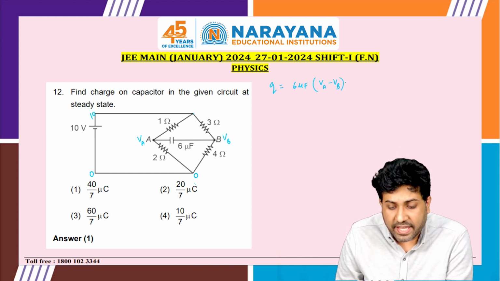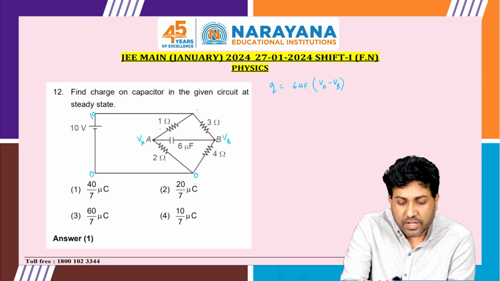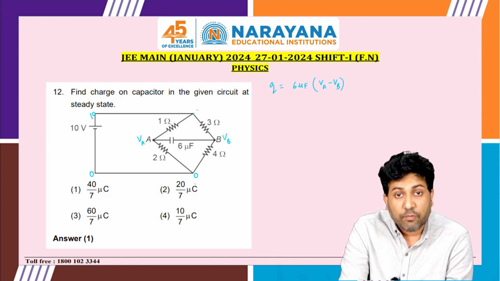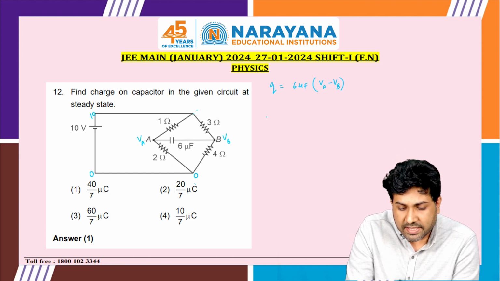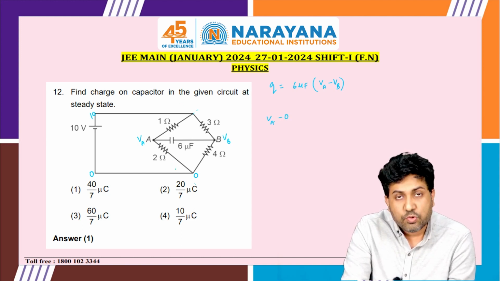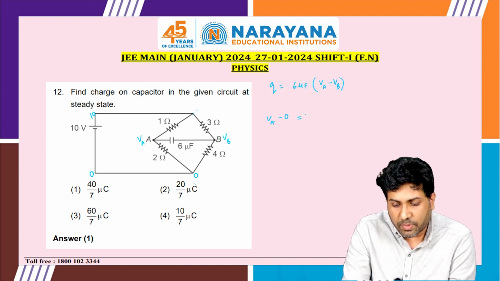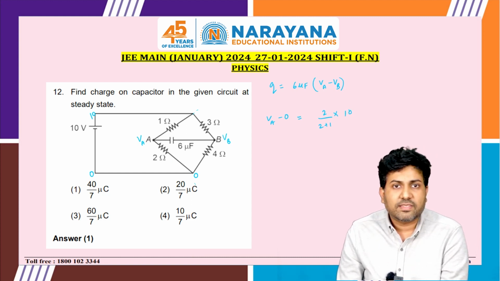So let's find VA then. Because I know that these two are in series and the total potential difference here is 10 volts, this 10 has to be divided between 1 ohm and 2 ohm in the direct ratio of resistance. So VA minus 0, which is the potential difference across this 2 ohm resistor, will be equal to 2 upon 2 plus 1 multiplied by the total potential difference 10 volt.